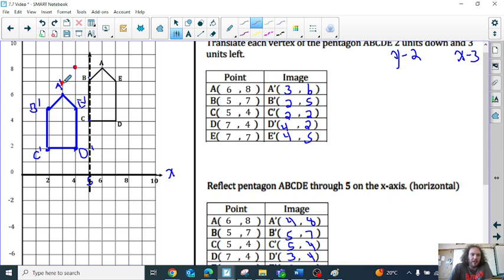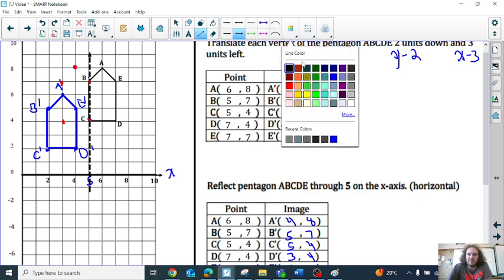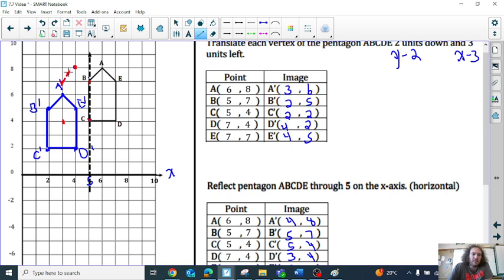So there's my new A, my new B, my new C, and then my D and my E will stay in the same positions because they're right on my line. So there's my new A, B, to C, to D. There we go. All right, so here's my new A prime, my new E prime, and my new D prime.